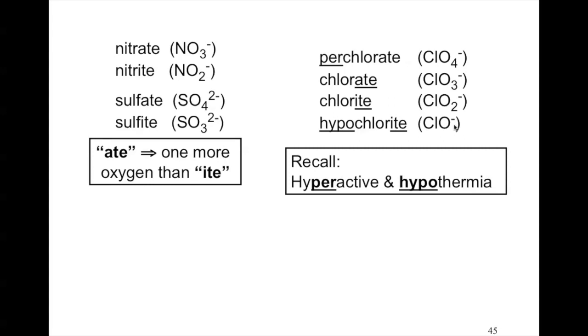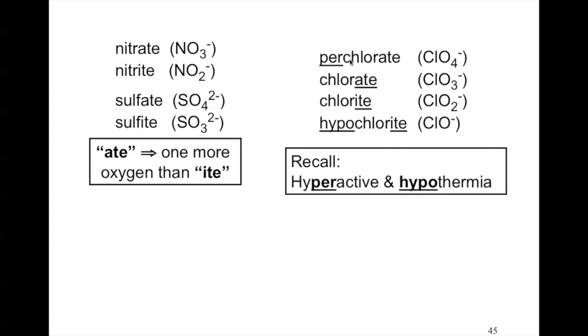By the way, this polyatomic ion, ClO minus, is the principal component in Clorox or bleach. It comes in two forms. If you look at the ingredients on your bottle of bleach, you'll see sodium hypochlorite, that's NaClO, as well as hypochlorous acid. We haven't talked about naming acids yet, but that compound is HClO.